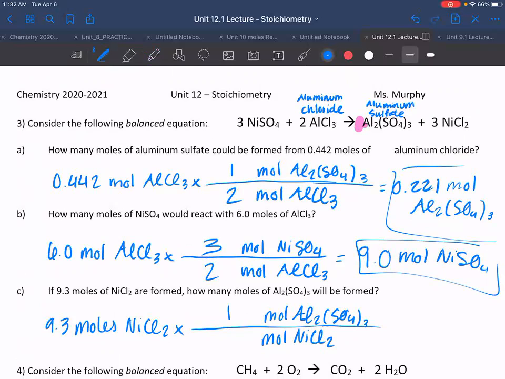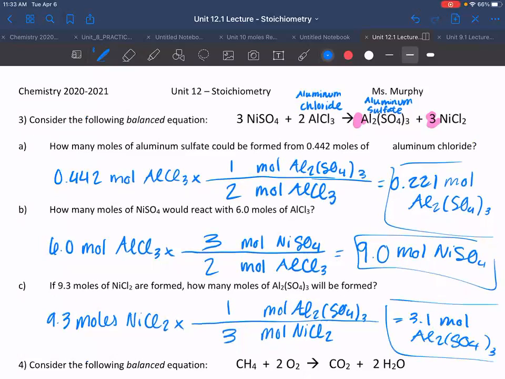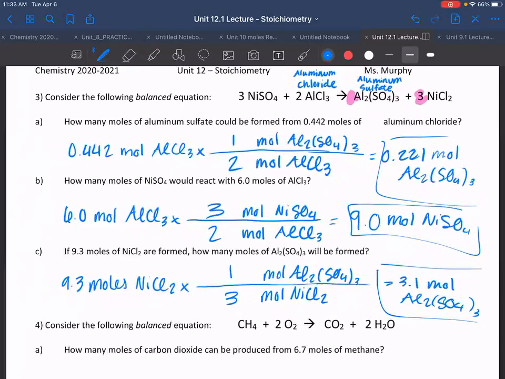Nickel chloride has a 3. So there'll be a 3 on the bottom. So 9.3 times 1 divided by 3 is equal to 3.1 moles of Al2(SO4)3. Any questions on that one? All right, just a couple more here.